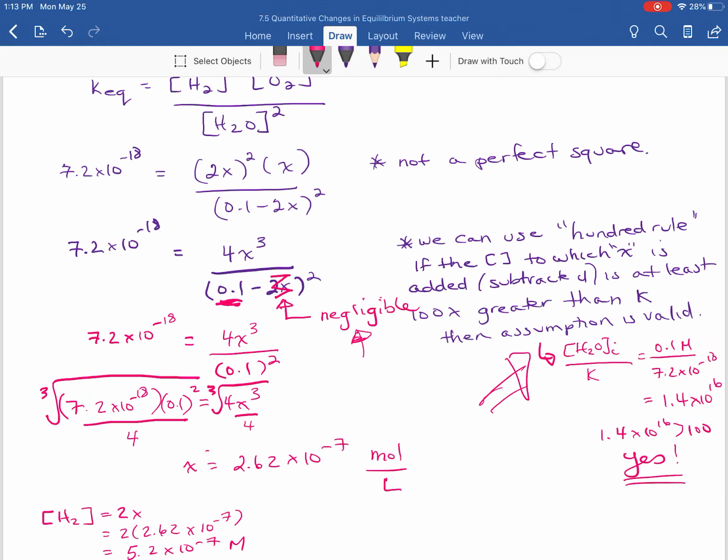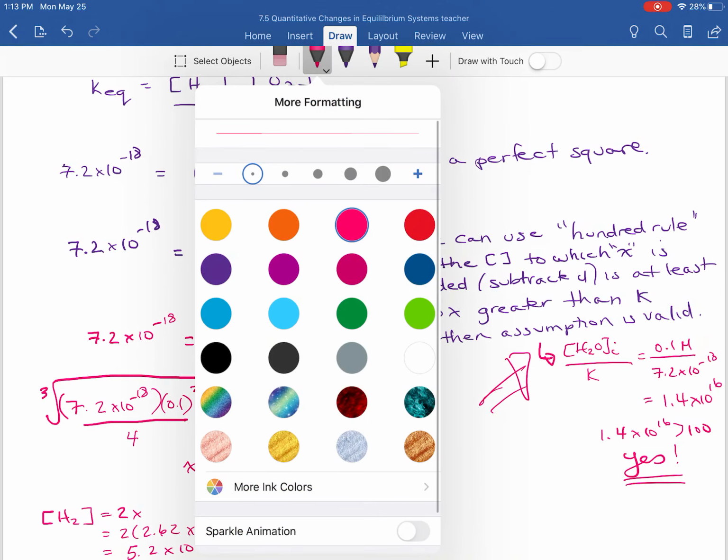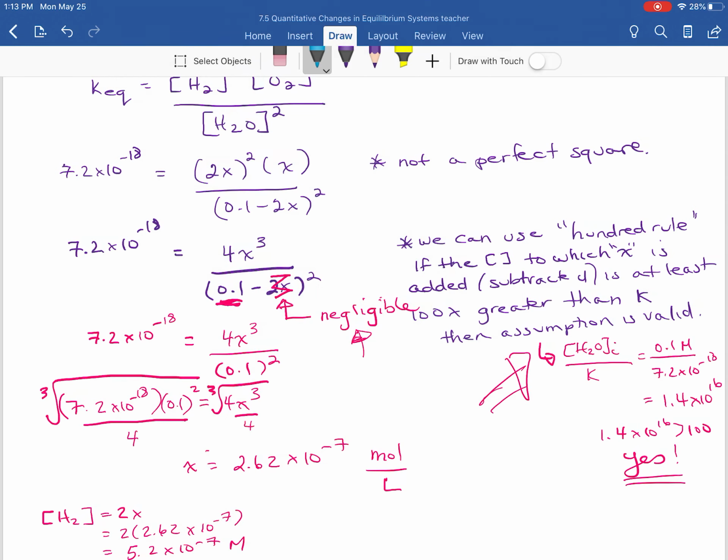If you even wanted to do the math, think about it: 0.1 minus 2 times 2.62 times 10 to the negative 7. Think of how little that's going to change. It's still going to be 0.09999, and so on and so forth. Do you see how there's hardly any change? It makes your math so much easier if you just get rid of that x.